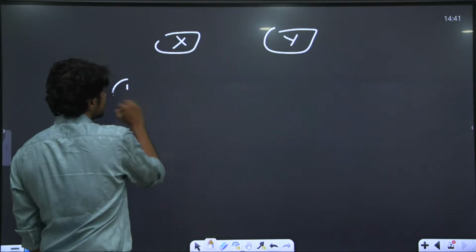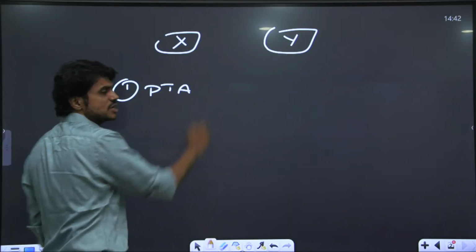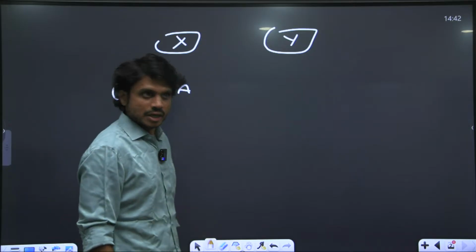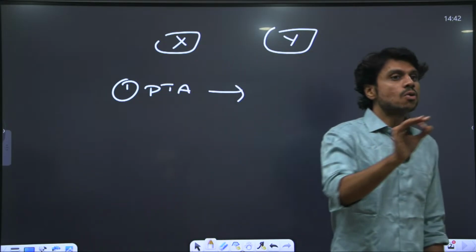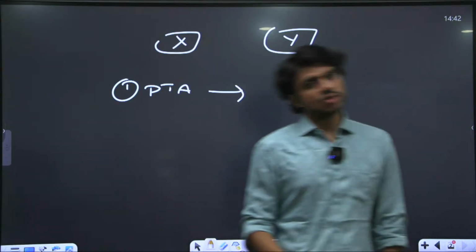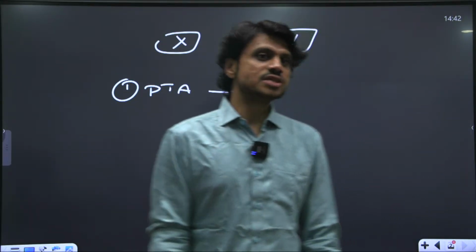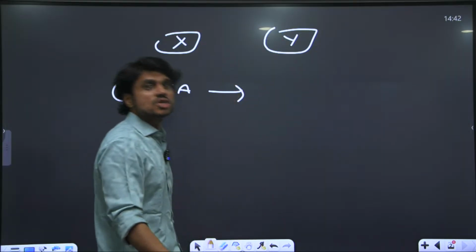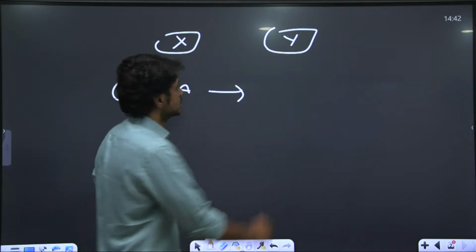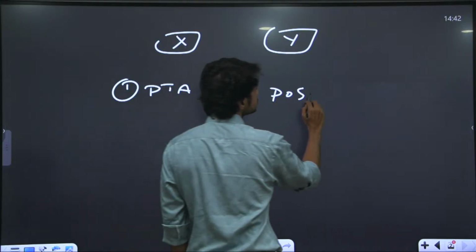The first point of engagement will be the preferential trade agreement. In the preferential trade agreement, taxes will be lowered only on some goods. On the rest of the goods, taxes would still be very high. So there would be some items on which you have lowered the tax. That we will call a positive list.